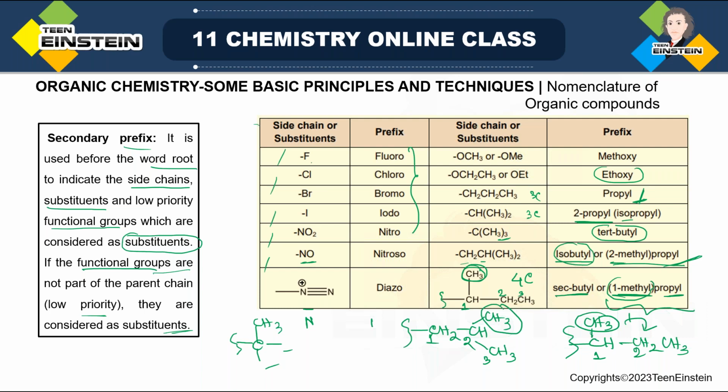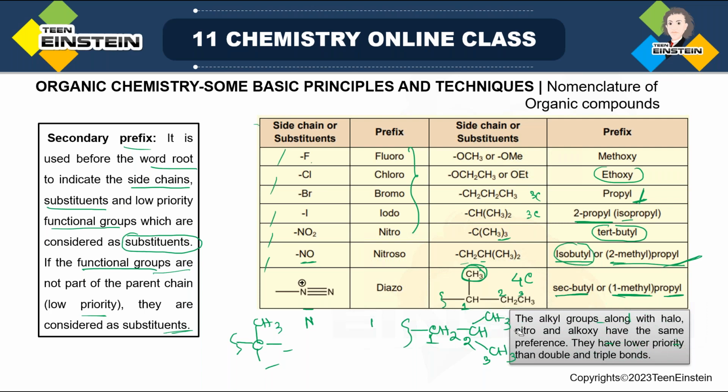We have to end the session here, but one more point just to mention. Consider it an important note. Alkyl groups along with halo, nitro, alkoxy. Alkyl group means it may be ethyl, methyl, isobutyl, tertiary butyl, only carbon and hydrogen.